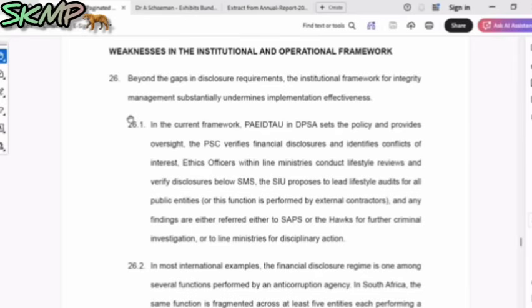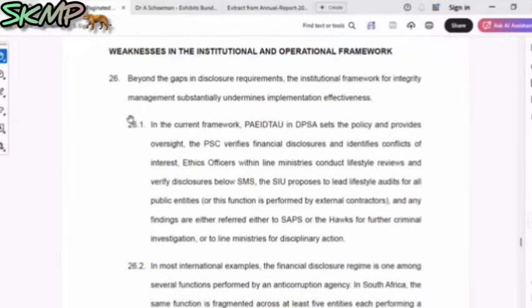So let me read paragraph 26.1, because it sets out very clearly what the current system looks like, particular to the public service. So it says, in the current framework, the Public Administration Ethics, Integrity and Disciplinary Technical Assistance Unit in the Department of Public Service and Administration sets the policy framework and provides oversight. The Public Service Commission verifies financial disclosures and identifies conflicts of interest, which are then referred to line ministries.